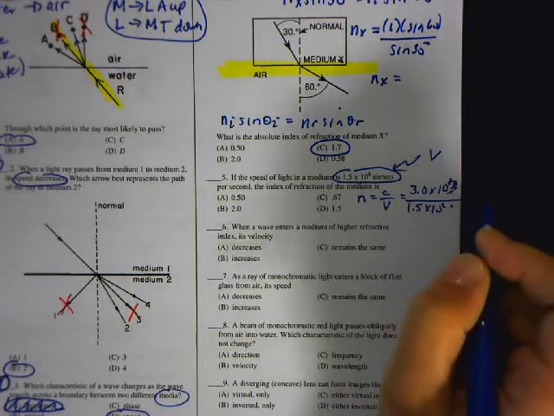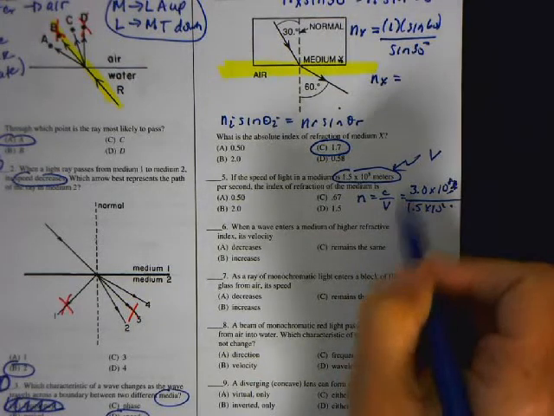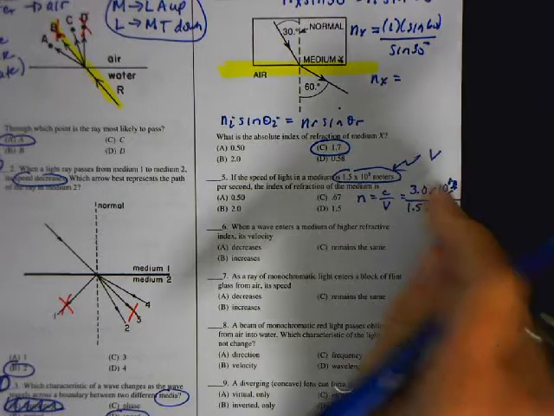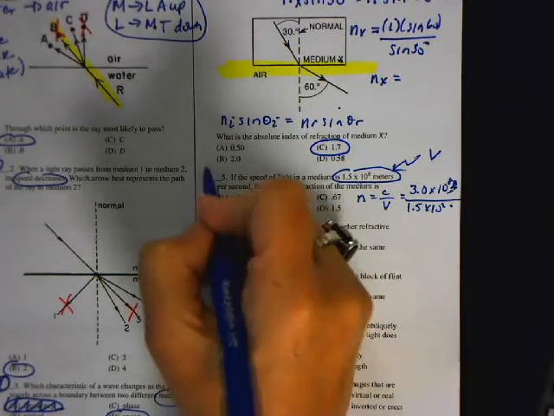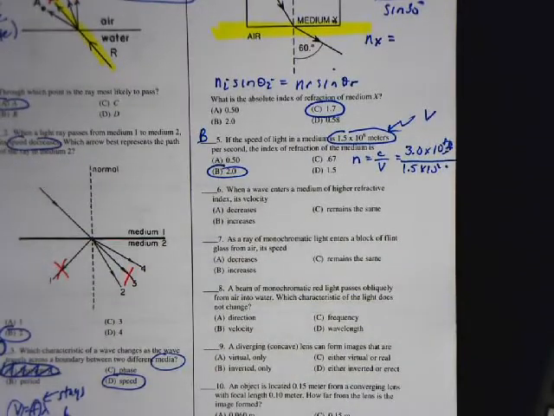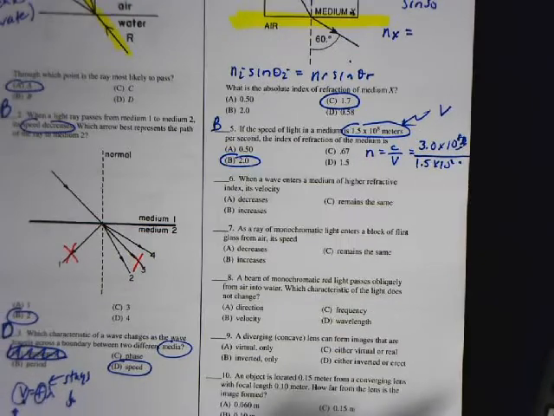Now guess what? I can do that in my head because the exponents are the same. 3 divided by 1.5 is 2. Now I could do it on my calculator, but even if I do it on my calculator, that's a calculation I can do in my head, so I'm going to check it to make sure I don't make a mistake.